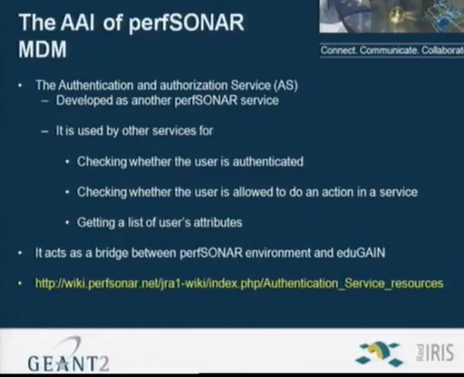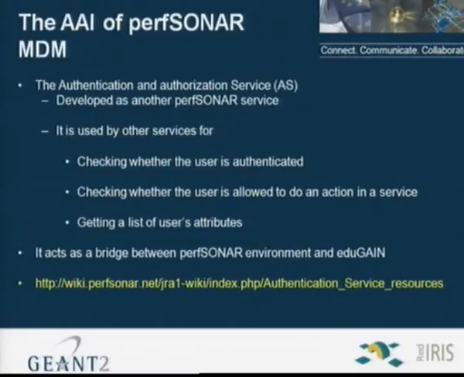So our first step was developing the authentication and authorization service, which is another Persona service, and that was a good choice because we learned a lot about the architecture of Persona, and that makes easier the development of components and libraries for them because we think in the same way.